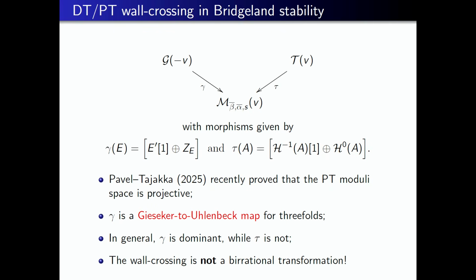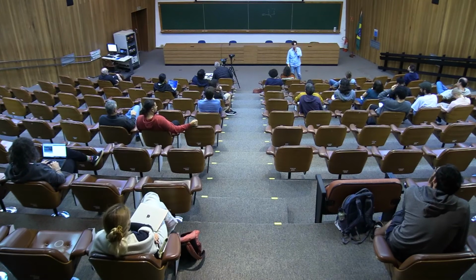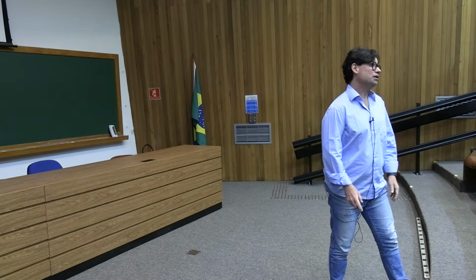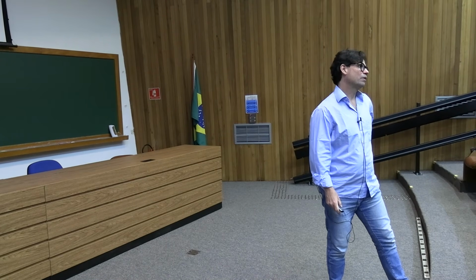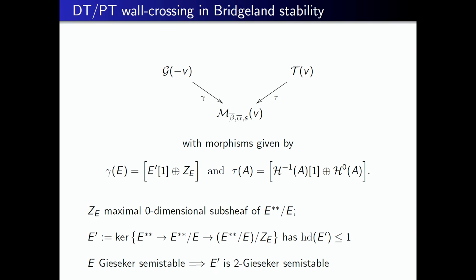Sorry, can I ask a question? Sure. This G minus V, T, V, those are DT and PT moduli spaces, right? Yes. And DT and PT are polynomial stability, in principle. And then the thing in the middle is Bridgeland stability, right? But the G and the T are also Bridgeland, right?